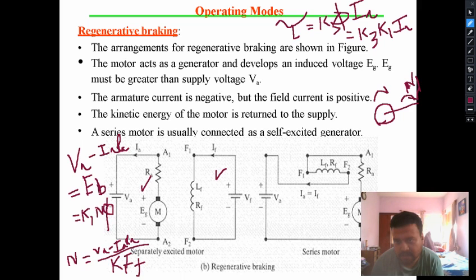The torque will also be in the clockwise direction, say tau 1. So the torque should be reversed. If the torque is in the clockwise direction, in the next moment it has to turn in the anti-clockwise direction, which is given by tau 2.